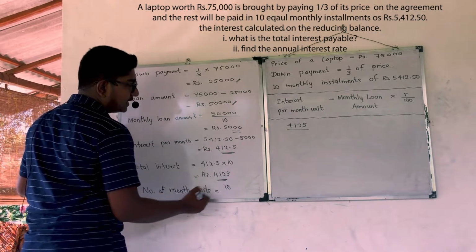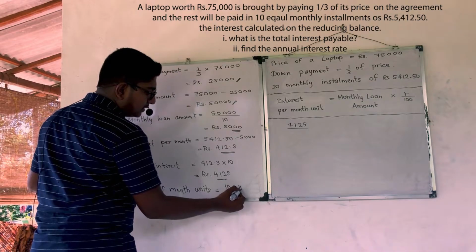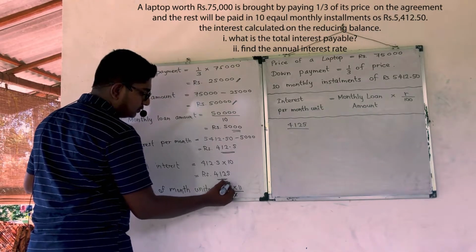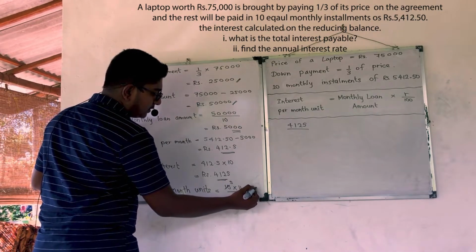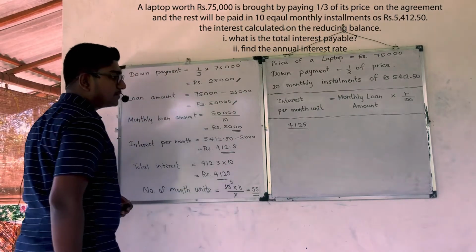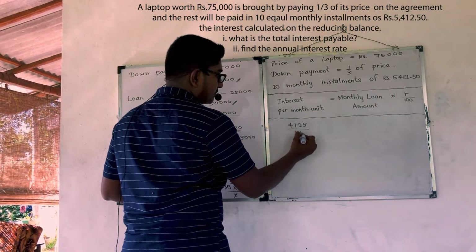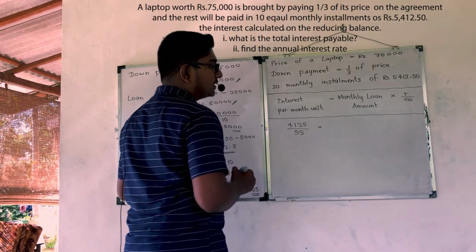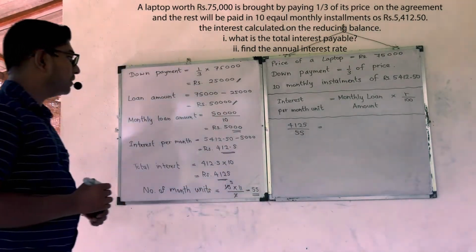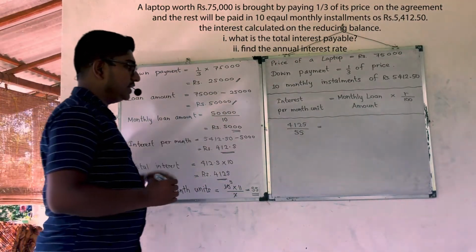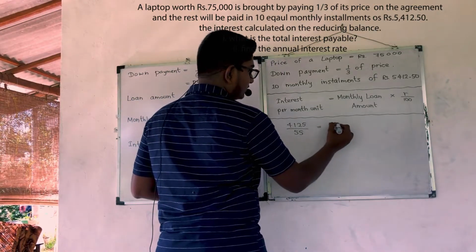Number of months, 10. 10 into 11 divided by 2. That is 55. Monthly loan amount is 5,000 rupees.